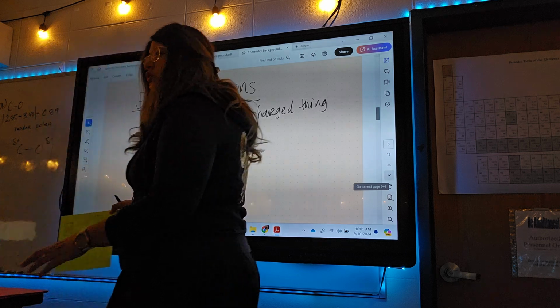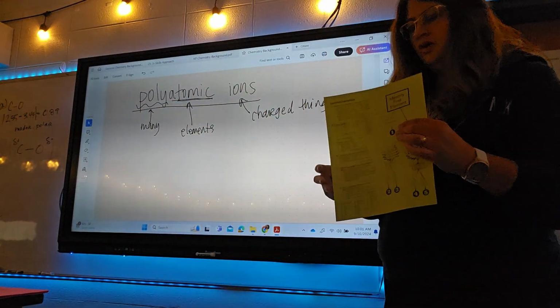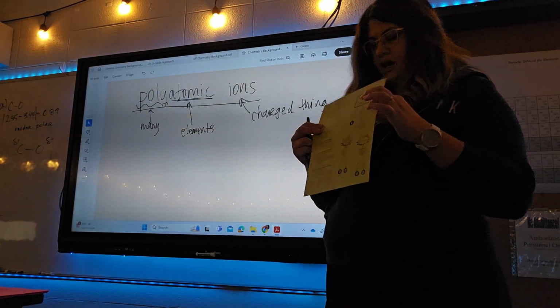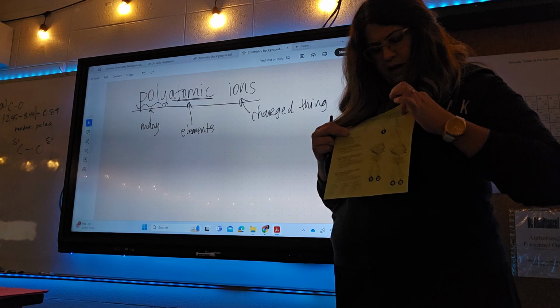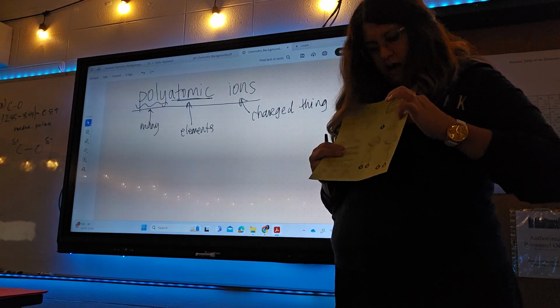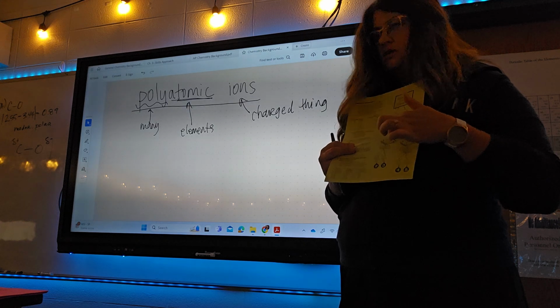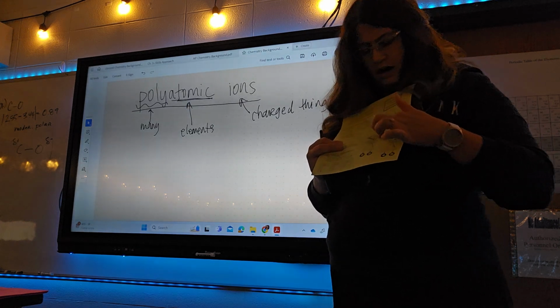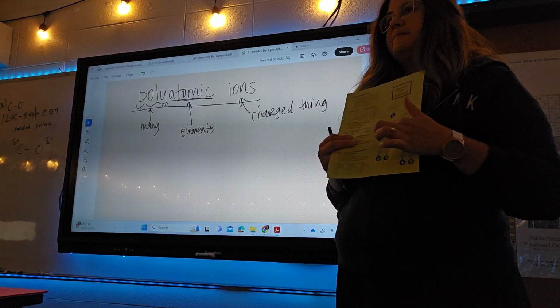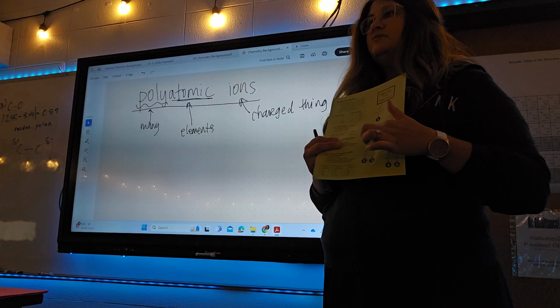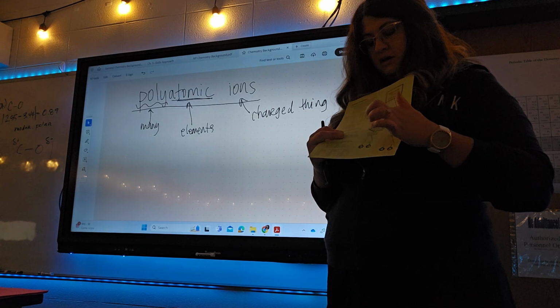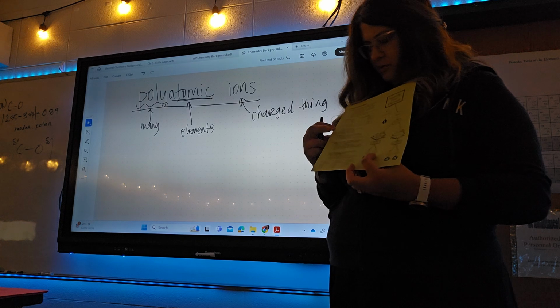All right, so how would you know that you need to use your pink sheet? Well, if you're looking on your green sheet and you decide, well, my first item is a metal, and I'm going to now count and my first metal is in group 1A, let's say, and now I've counted the number of capital letters in my compound, and it's more than 2. That means that I need to use the rule set number 3.